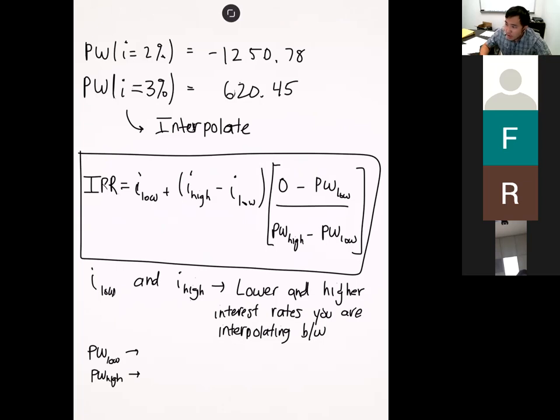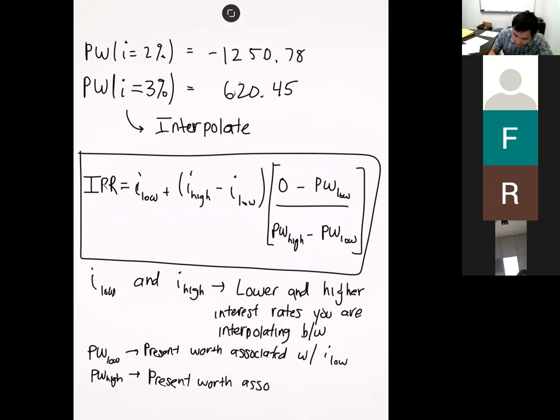And so PW low here, this is the present worth associated with the lower interest rate. Whereas PW high, this is the present worth associated with I high.